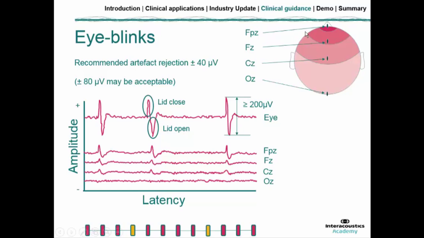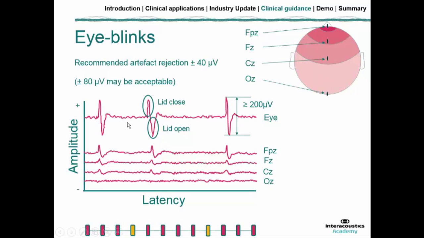What I'm displaying on the top right here is a topographical representation of the head of the size of the artifacts as it spreads over the scalp, driven by the eye blinks. You can imagine the largest area of contamination will be towards the front, and as we get further and further away from where the eyes are, the contamination gets less.